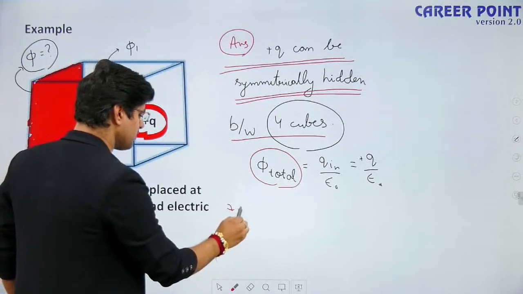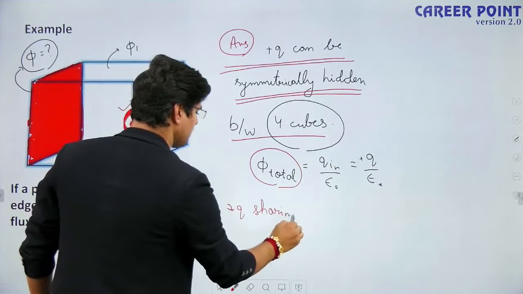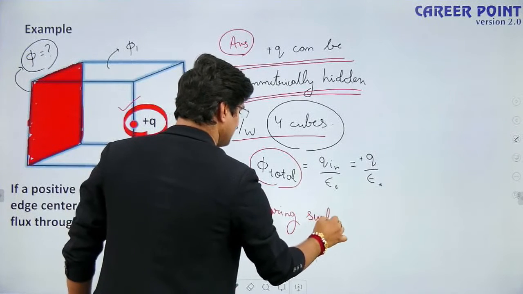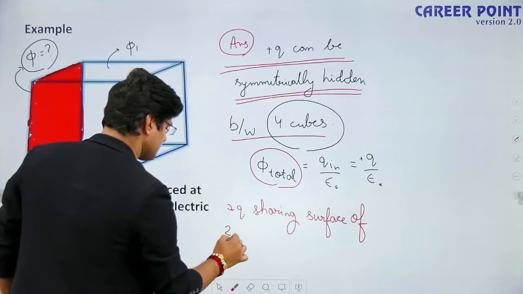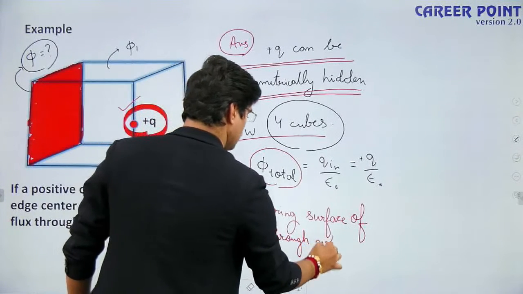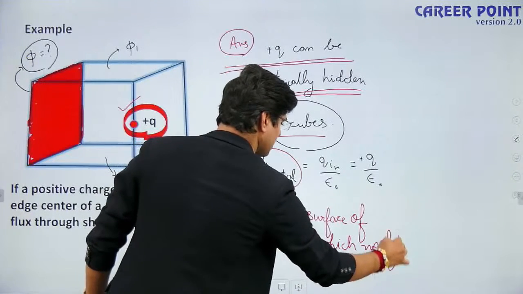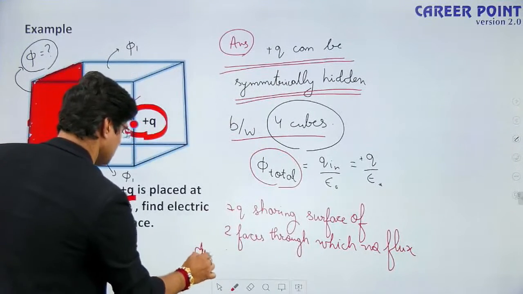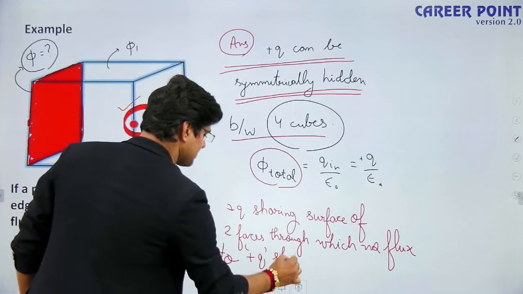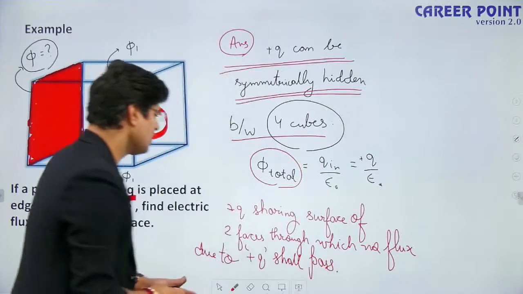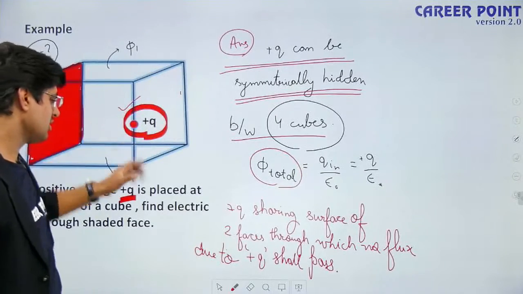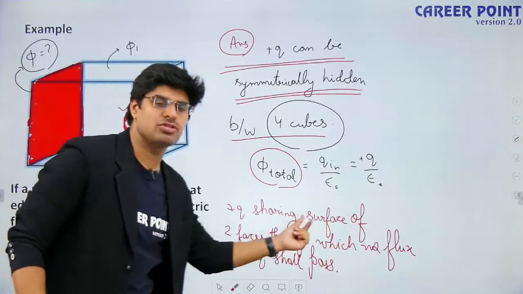Okay, plus q is sharing surface of two faces through which no flux due to plus q shall pass. This surface, this face and this face, through which no flux due to plus q shall pass.